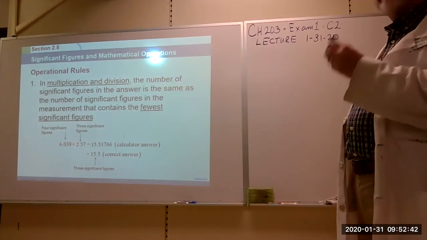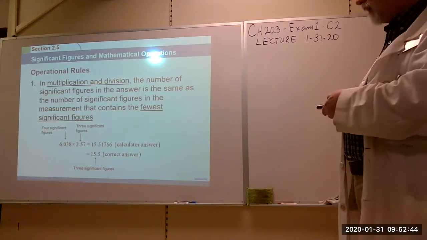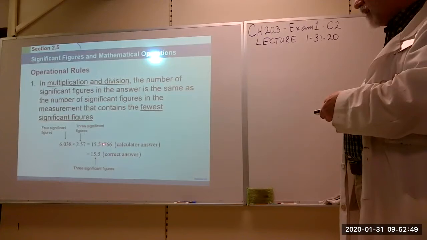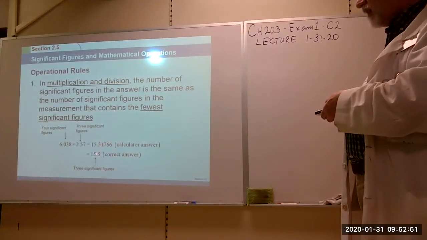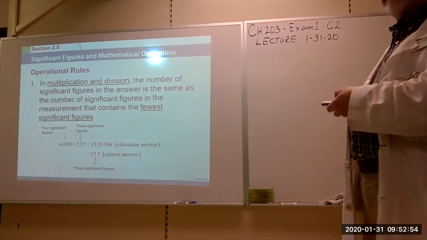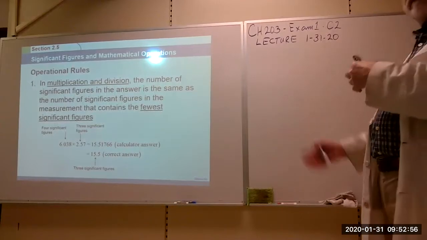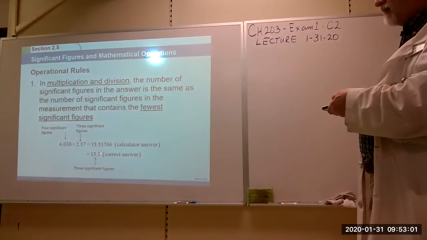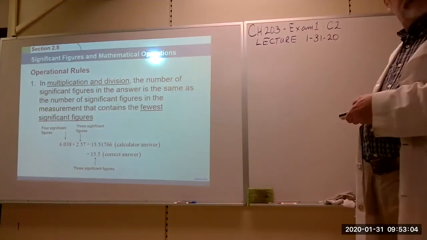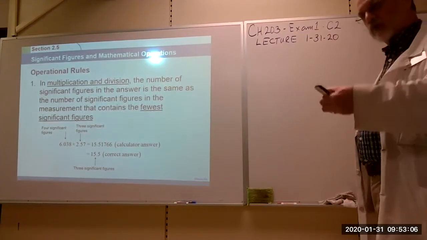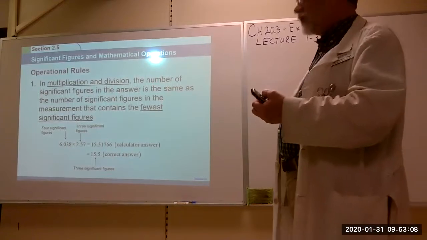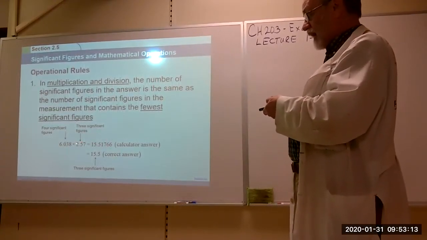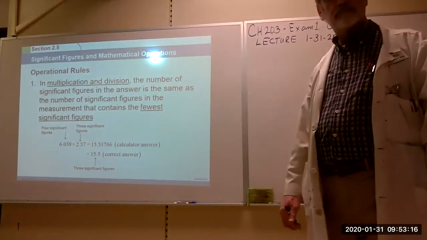So your answer can only have 3 significant figures in it. So we pick 1, 2, 3. We round this one based on what's to the right. Since that's less than 5, we throw those out and keep the 5. So rounding that calculation result is 15.5. That's multiplication and division. You do the same thing if it was a divide. We divide this into that, we get something over here, and you just round it to 3 significant figures. Okay?